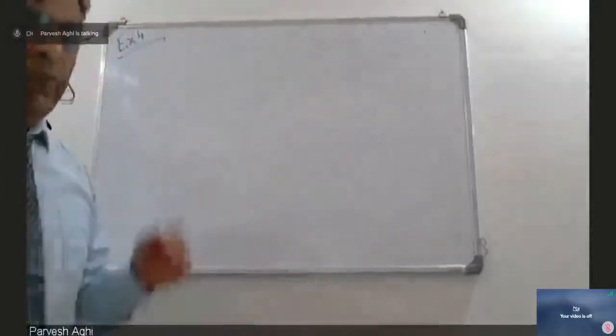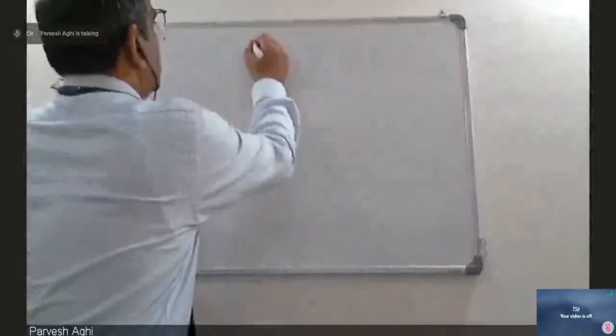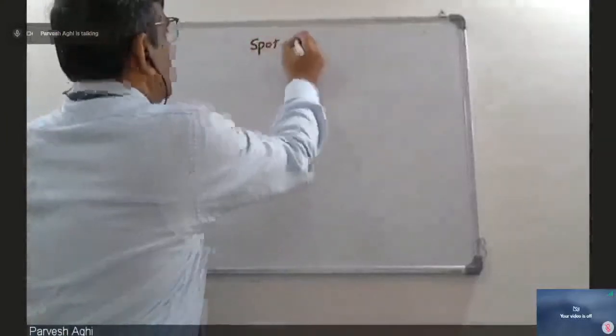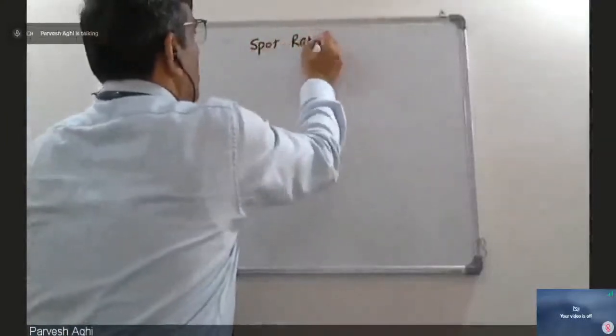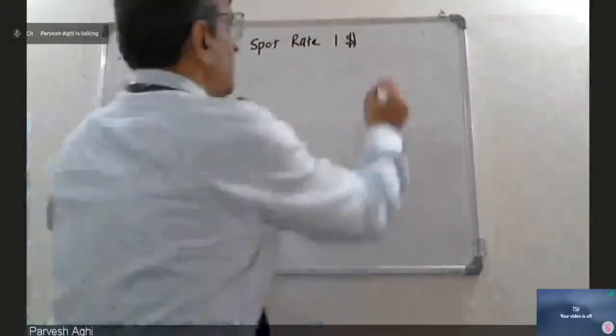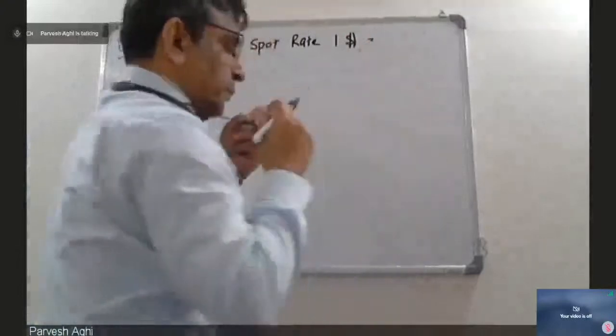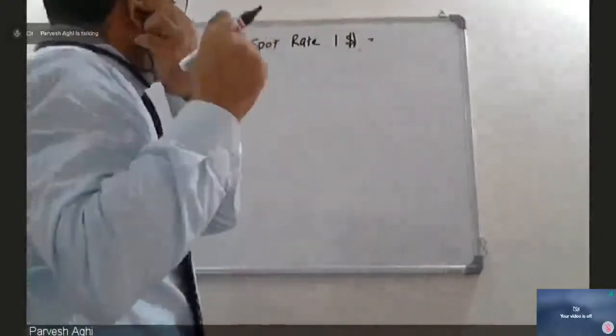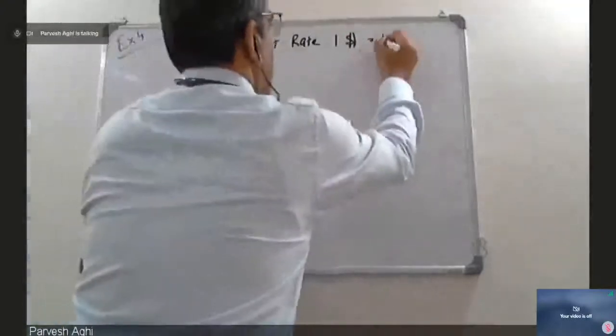If he is willing to borrow 40 lakh rupees or US dollar 83,312. So the question is there with you. I'll just write some of the facts of the question. So we are given the spot rate as $1 is equal to 48.